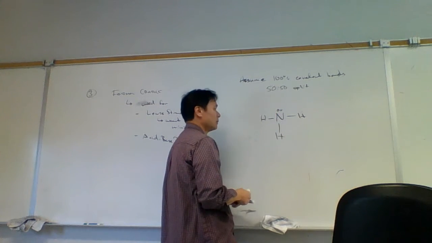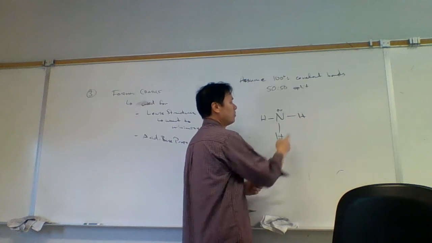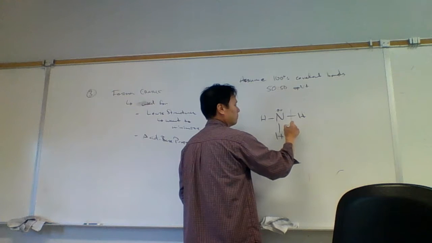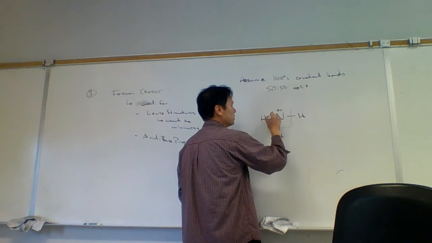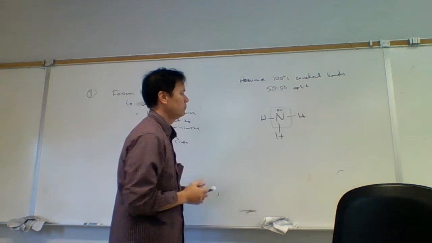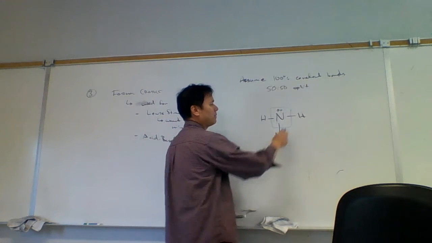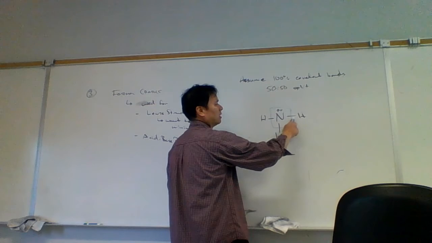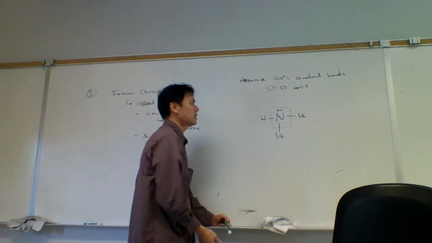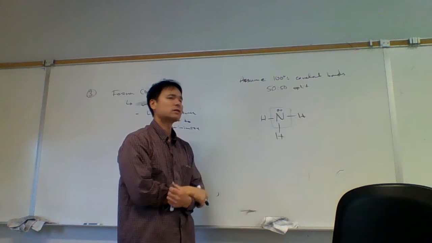Because a lone pair is going to belong entirely to this nitrogen. However, a bonding pair is going to have to be split down the middle. All 3 bonding pairs are split down the middle. And so what results is this: half the bonding electrons belong to nitrogen, the other half belong to hydrogen. This is even sharing. And so can you tell me how many electrons nitrogen ends up with?